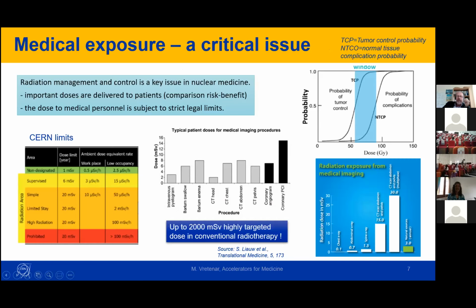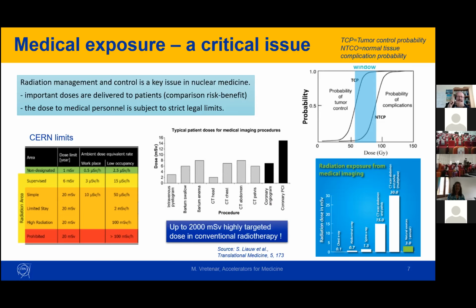The second point that we have to keep in mind before entering into the discussion on medical accelerators is that the whole trick is managing radiation dose. On the one hand, you need a strong dose for your patient to kill the tumor while sparing the patient, and there is a window of effectiveness that you have to center.